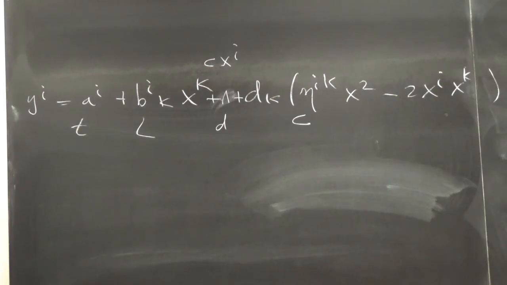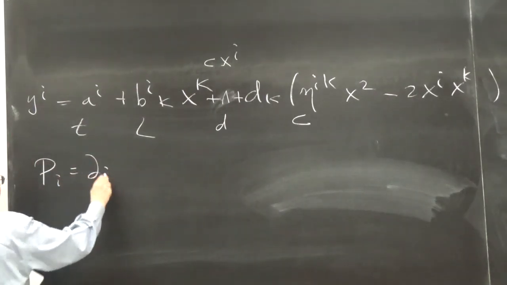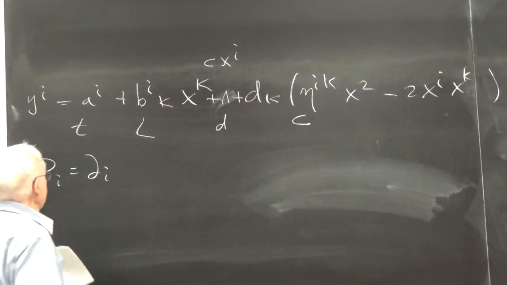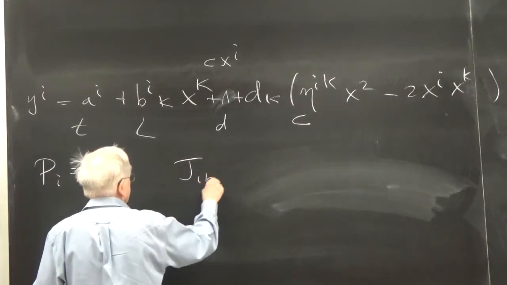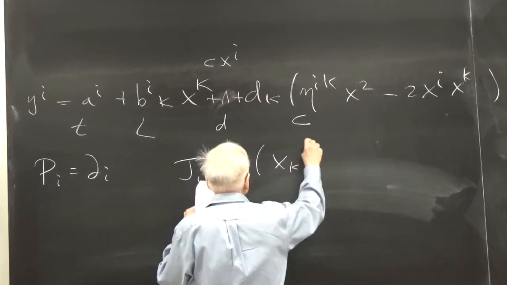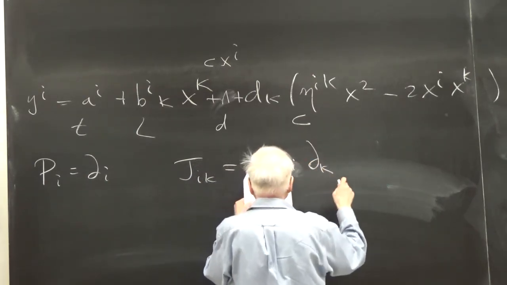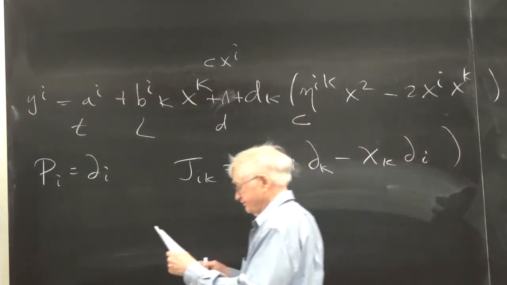And now we can go to the differential forms of these. The differential forms are P_i, this is a translation, and that corresponds to the momentum operator, so that's del_i. Then we have J_{ik}. These are the Lorentz transformations: x_i del_k minus x_k del_i.